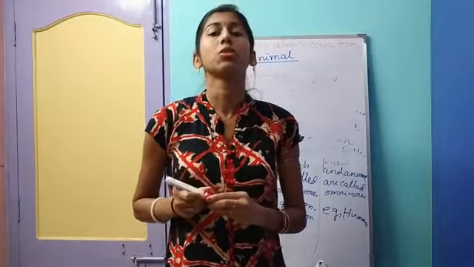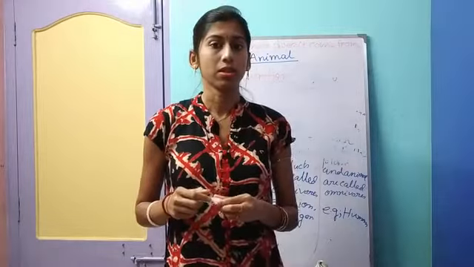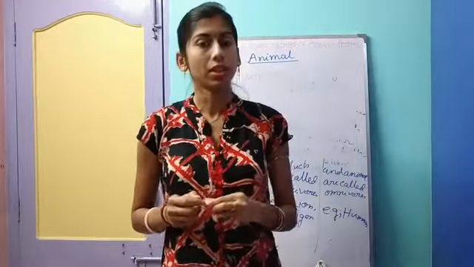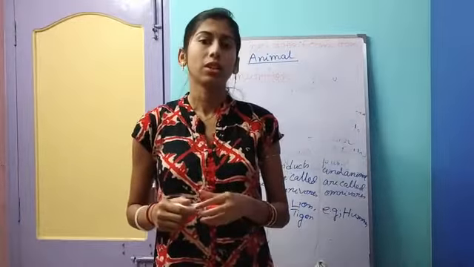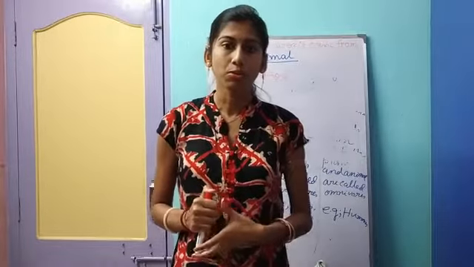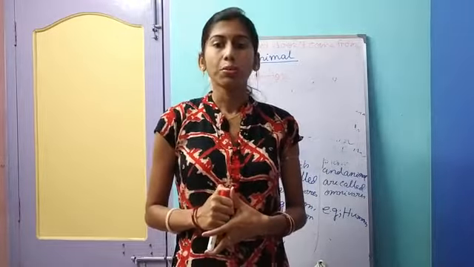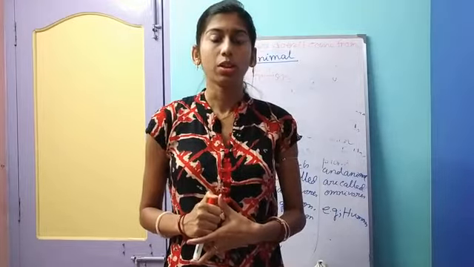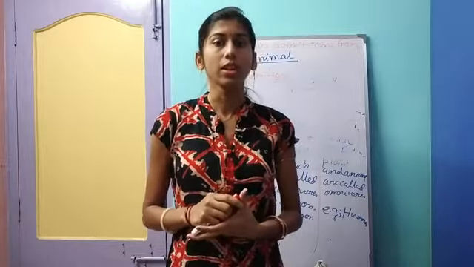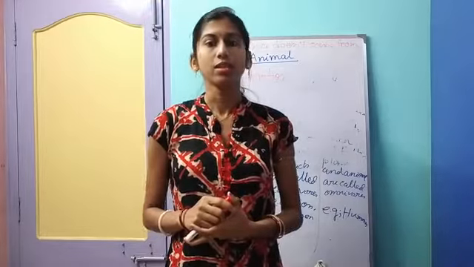This condition is called malnutrition. Again, I am repeating, malnutrition means if anyone is not getting all the nutrients in their food, and as a result appropriate body growth and body functions are not occurring, that condition is called malnutrition.